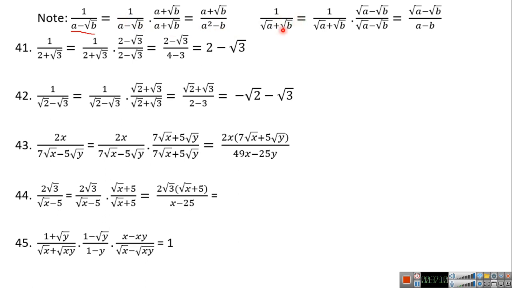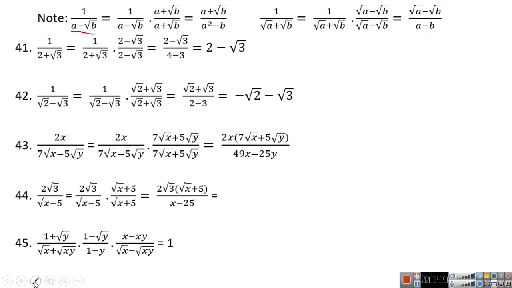If you have both square roots, the same story. If you have root a plus root b, you multiply by root a minus root b, up and down. You're going to get root a minus root b over a square minus b square, so it will be root a all square is a, minus root b all square is b.